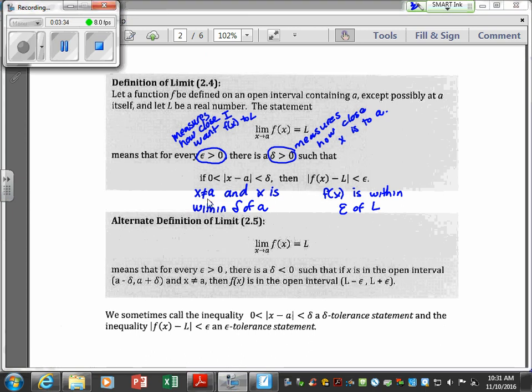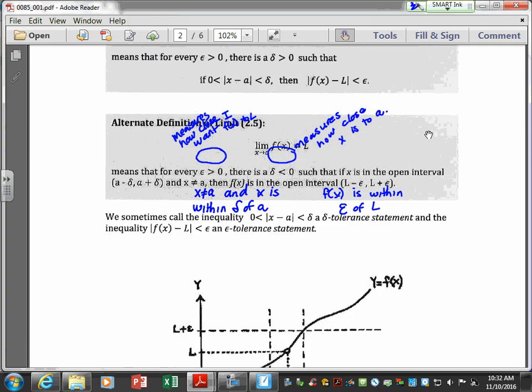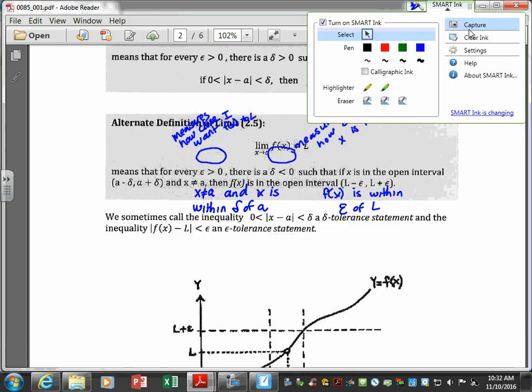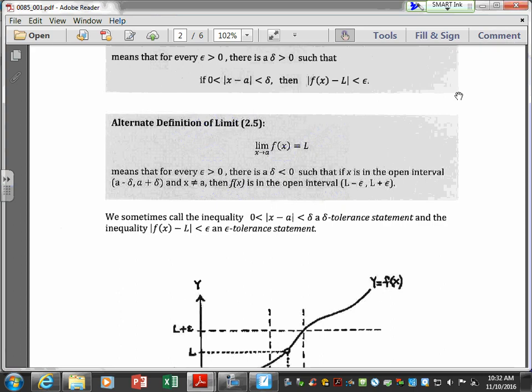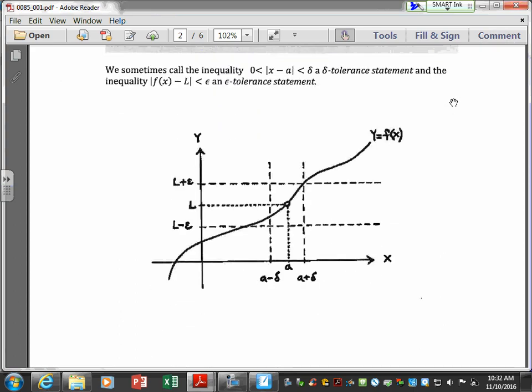Okay, so let's take these ideas, and I'm going to come down here. Let me clear. And look at this on your paper. Okay, so what we have is this image here, and we have our a, and then we have our limit, and this is our function f of x.